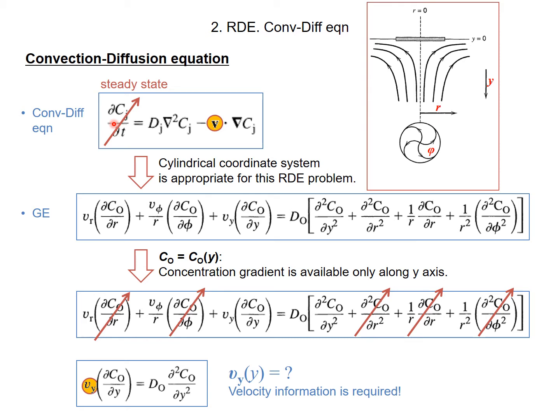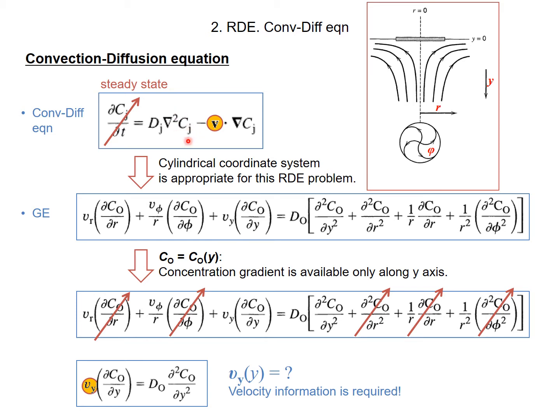So we could assume that the hydrodynamic technique experiment is proceeding under the steady state condition. Steady state means time invariant, so dc/dt is going to be 0 because the concentration is time invariant. Then we obtain the inner product of velocity with the gradient of concentration is equal to the diffusibility with the Laplacian of concentration.